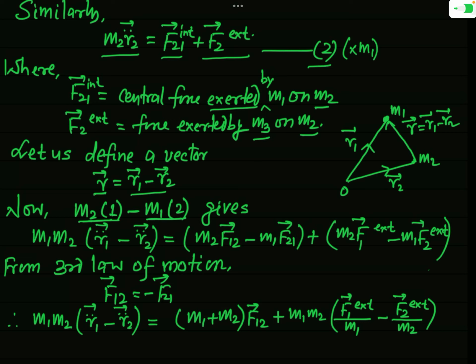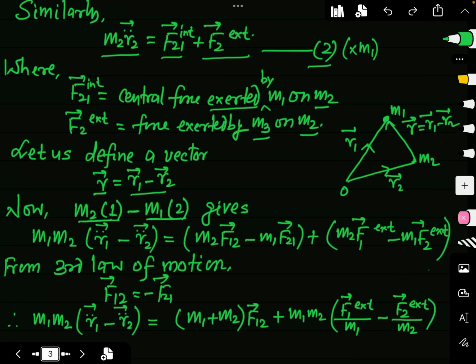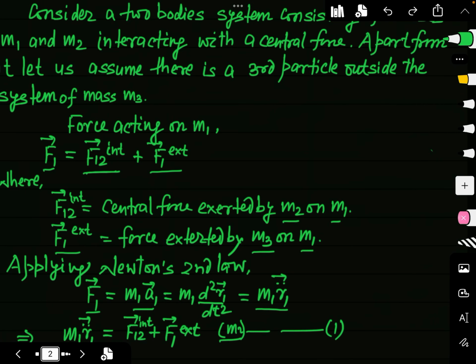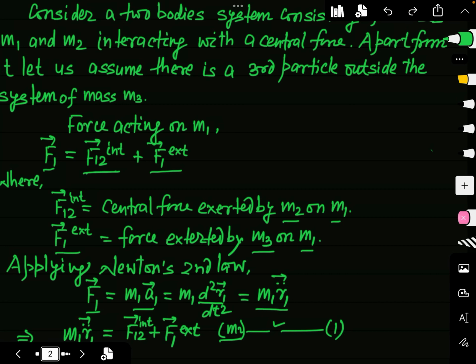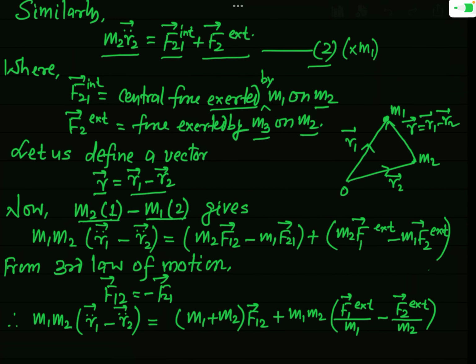So you can see in equation 1 there is what? In LHS there is m1 r1 double dot, and we will multiply it by m2. So this will be m1 m2 r1 double dot. Okay, and in the LHS of equation 2 there is m2 r2 double dot, and we have to multiply it by m1.